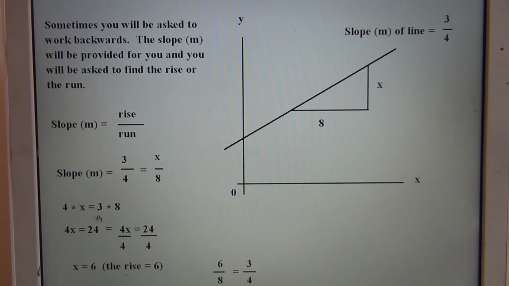We cross multiply, and we get 4x equals 24, and we solve the equation, and we get x is equal to 6. And that means the rise and run of this is 6/8, and if we reduce 6/8 to lowest terms, we get 3/4. Good.